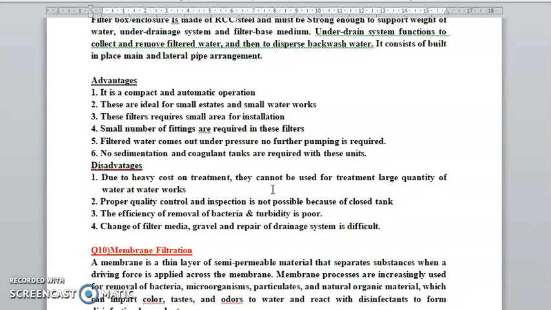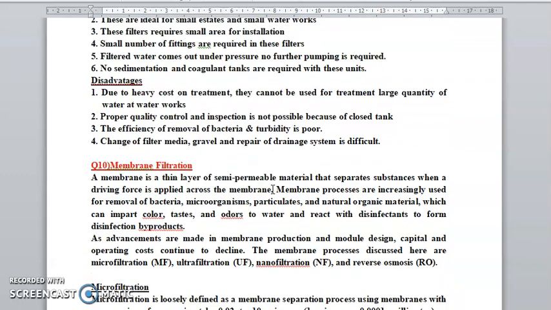Now we go for the last topic, the tenth: the membrane filter.